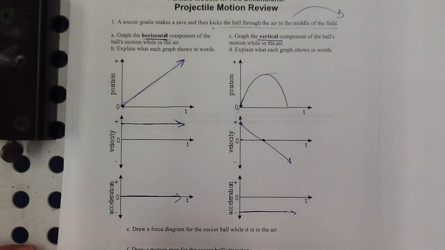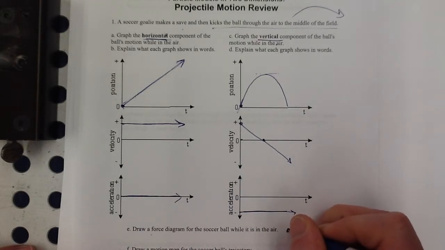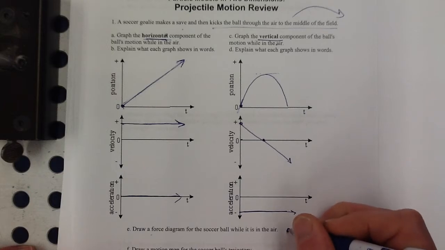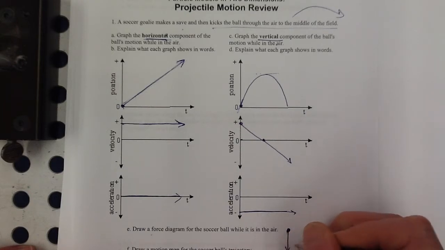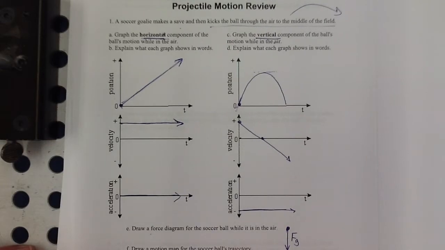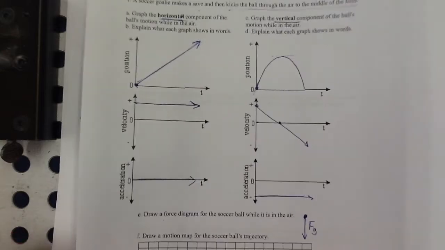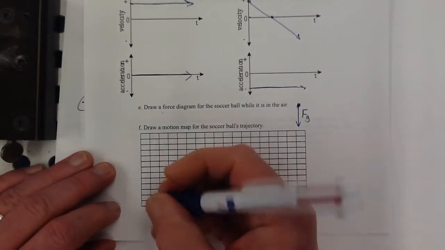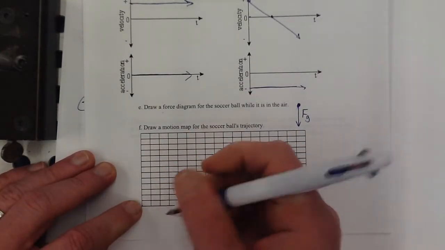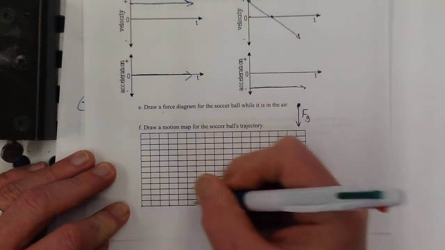All right. What's a force diagram for the soccer ball while it's in the air? The only force acting on it when it's in the air, if we ignore air resistance, is the force of gravity. Motion map for the soccer ball's trajectory. So the key for the motion map is in the horizontal direction, we're going to space evenly.